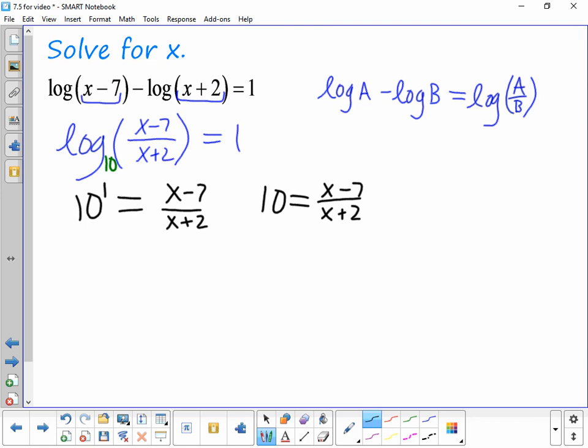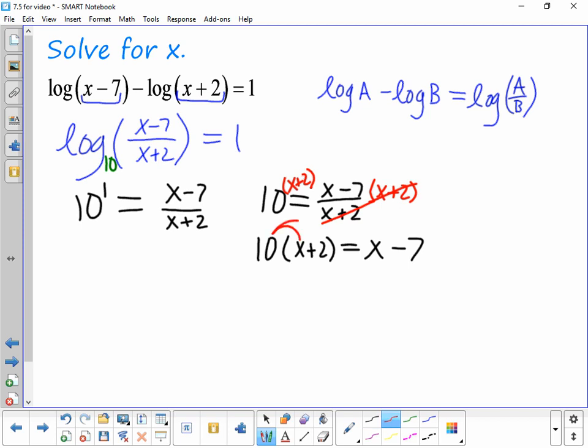Anytime you have a fraction in an equation and you don't want to have a fraction, one thing to try is multiplying both sides of the equation by the denominator. So if we multiply by x plus 2 on both sides, we end up with 10 times x plus 2 is equal to, and on this side, those x plus 2's reduce, so we're left with just the x minus 7.